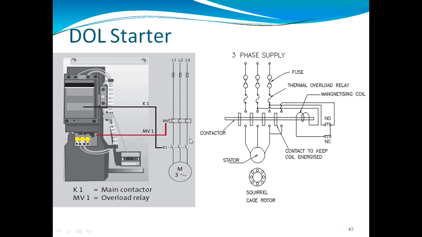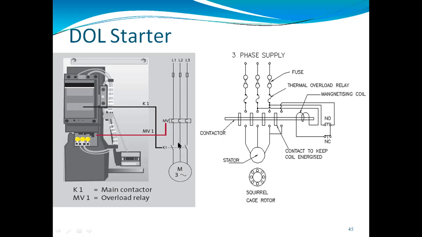So here the stop button, when we push that stop button, it will de-energize, because here that switch will become open and it will de-energize the contactor and it will disconnect all these three phases to the induction motor.